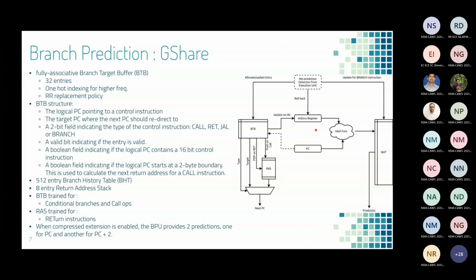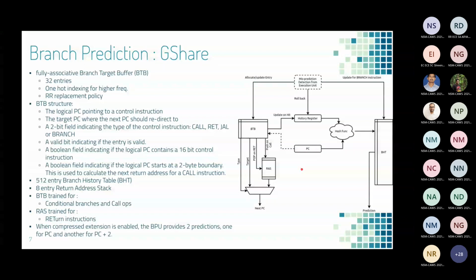So why would the lower 8 bits be similar? Because they are the ones which keep on changing continuously, isn't it? Because PC plus 4 and all. 8 bits is 256, correct? Now, if your program is going to be much longer than 256 bytes, no? Your program will be in MBs.